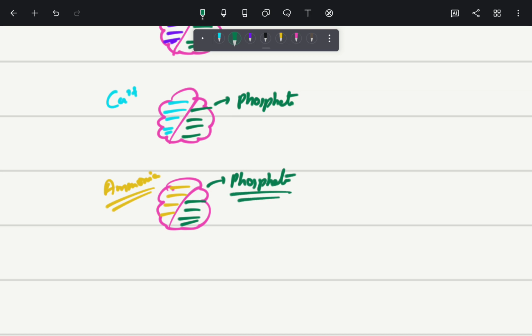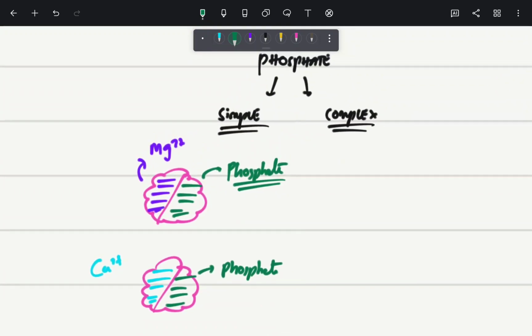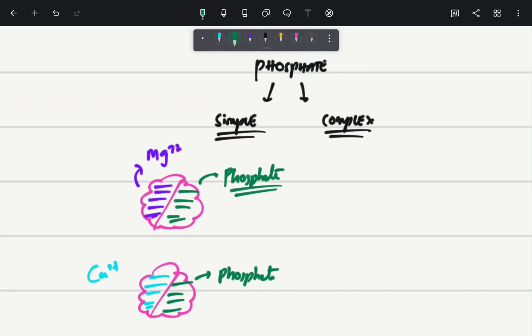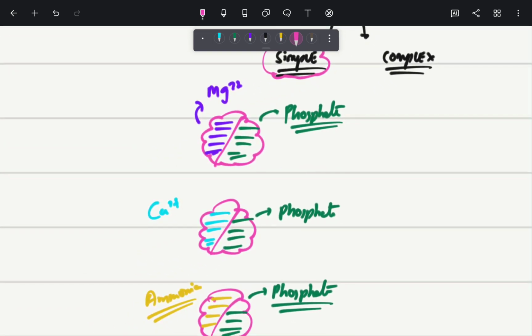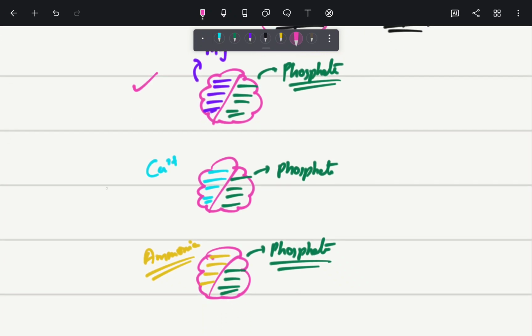So once again, we have two types of stones in phosphate stones. One is your simple phosphate stone and the complex phosphate stones. So in simple phosphate stones, we can see magnesium phosphate stones, calcium phosphate stones, and ammonium phosphate stones.